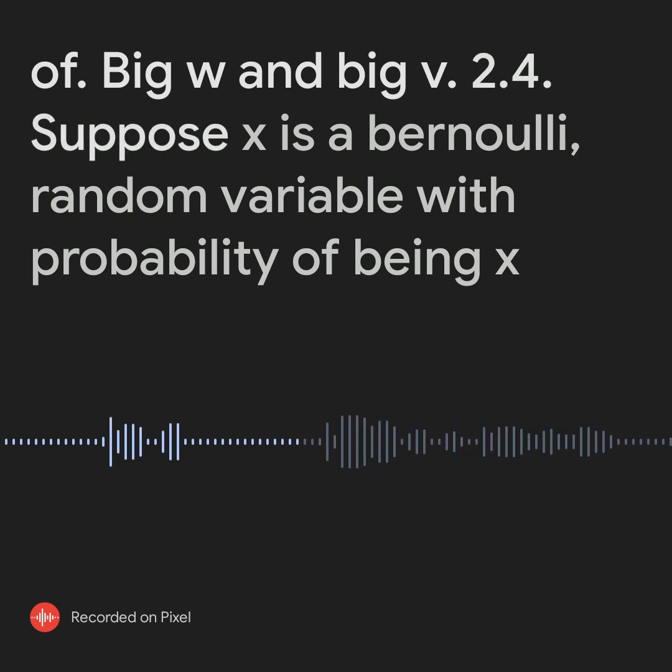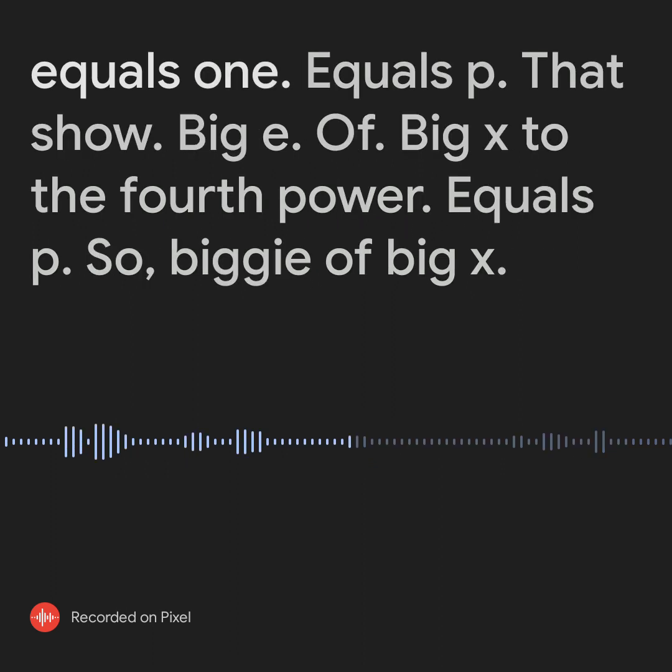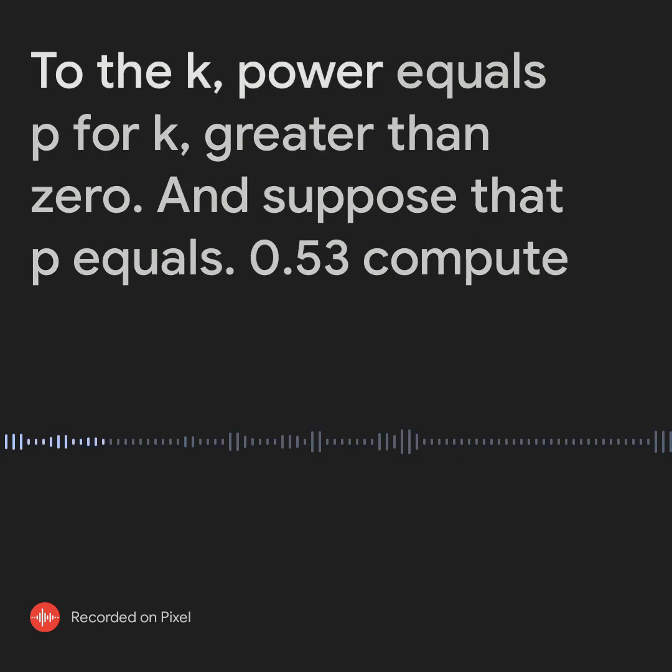2.4. Suppose X is a Bernoulli random variable with probability of big X equals 1 equals P. Show big E of big X to the fourth power equals P. Show big E of big X to the K power equals P for K greater than 0.